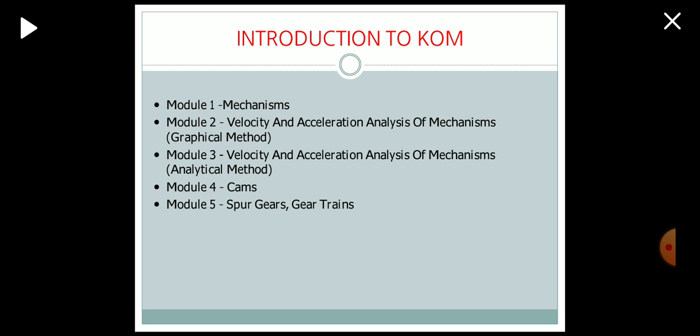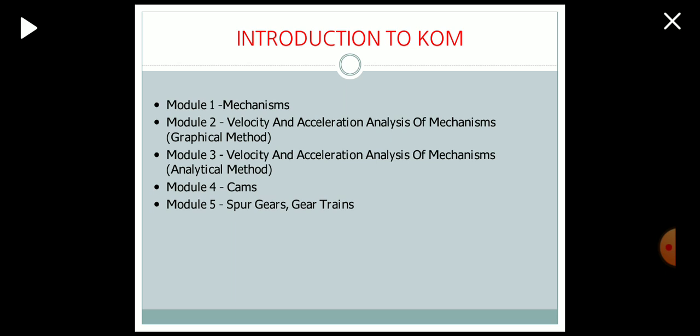In the first module, they have given mechanisms. In mechanisms, you have links, joints, machines, 4 bar mechanisms, etc. In 4 bar mechanisms, there are slider crank mechanism, quick return motion mechanism, Whitworth mechanism, and many mechanisms they have given.